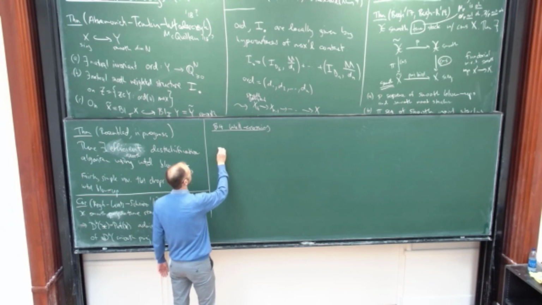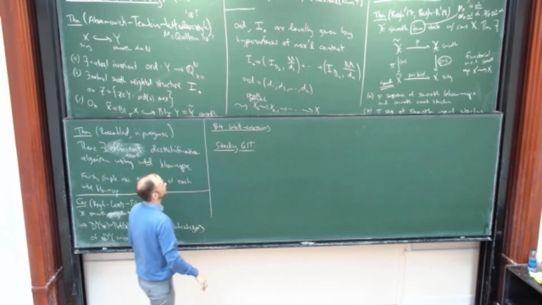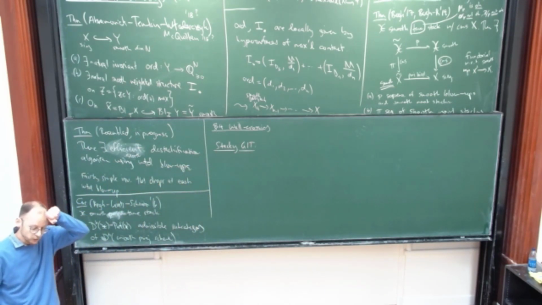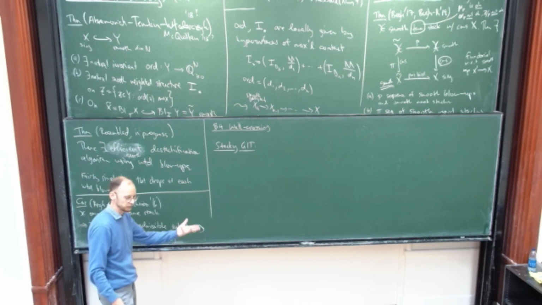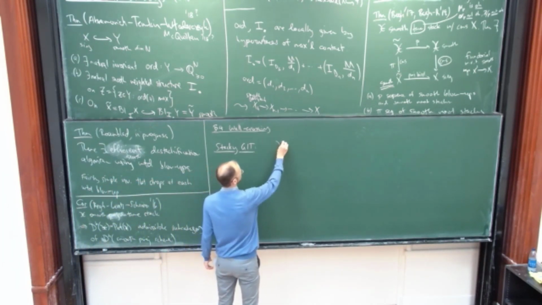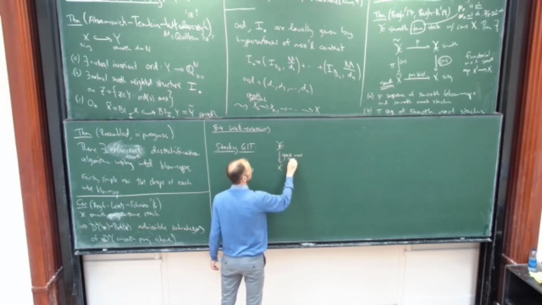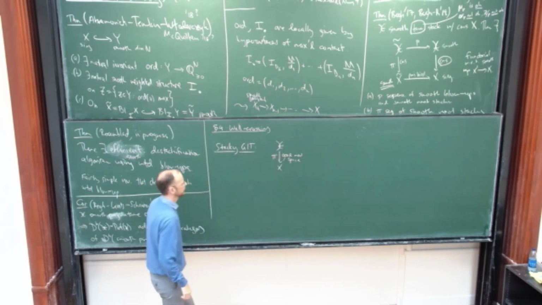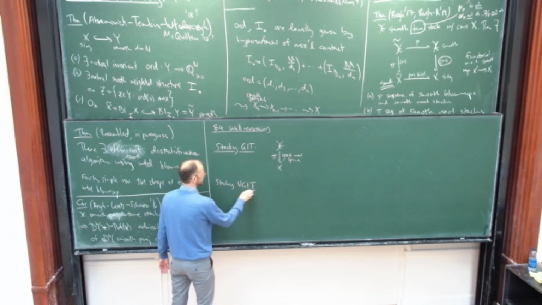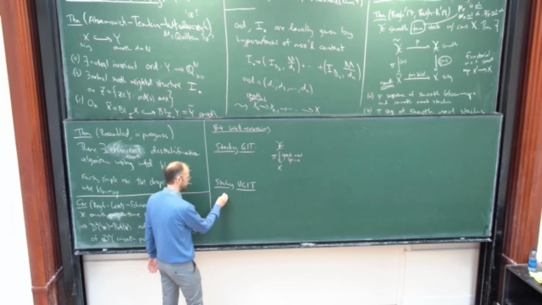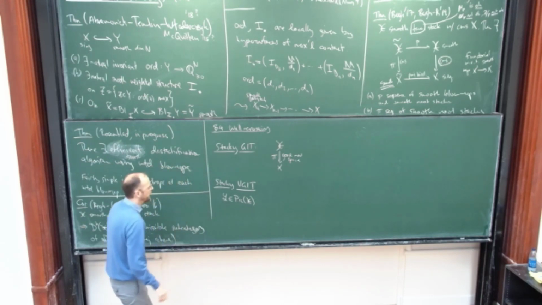So I'm going to do a stacky version of this. It applies also when you don't have a GIT situation, but let's say, for example, the moduli space of curves, where we don't know how to get a GIT presentation. GIT in this sense will just be a good moduli space. I'll do an example with a classical GIT. Variation of GIT will just consist of picking a line bundle.